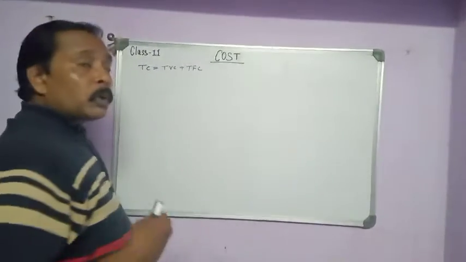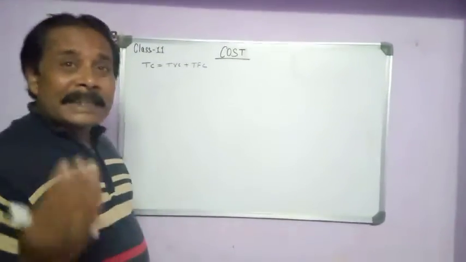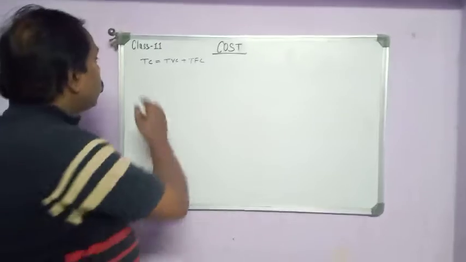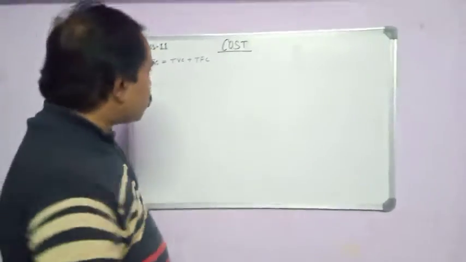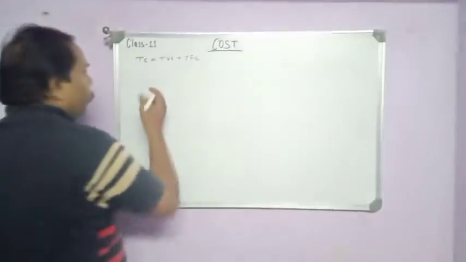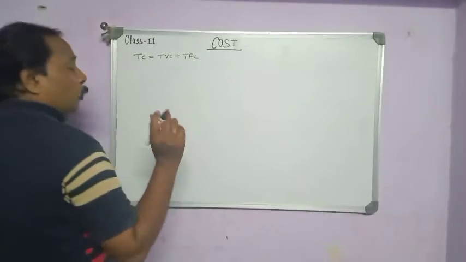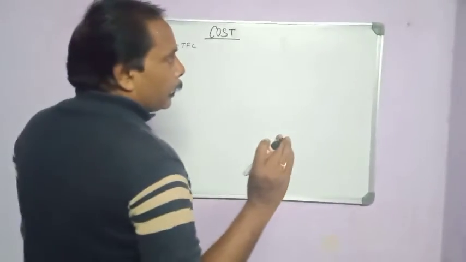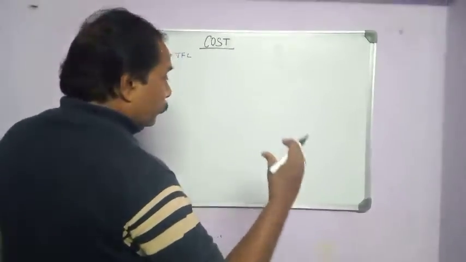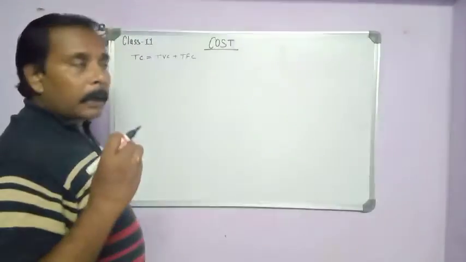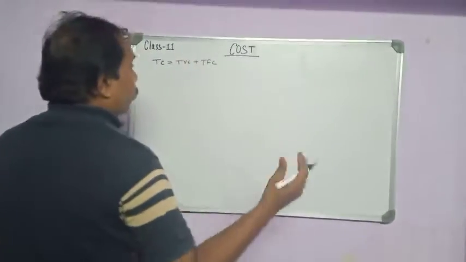Now we should know what is the shape of the total cost. Is it clear? So before explaining the shape, you must know about the schedule or the values, how it works.